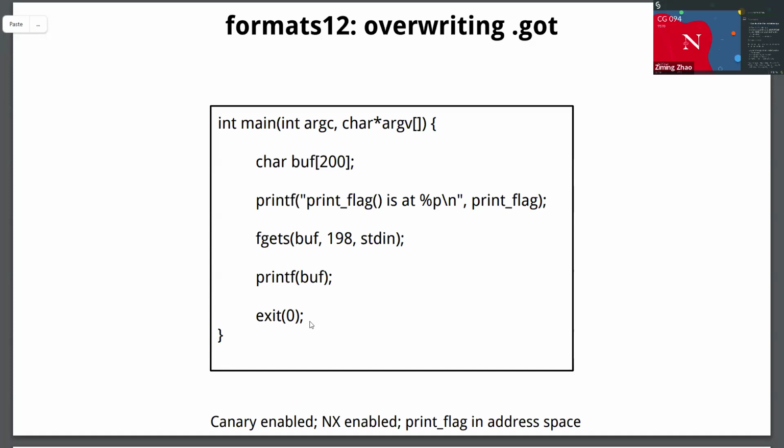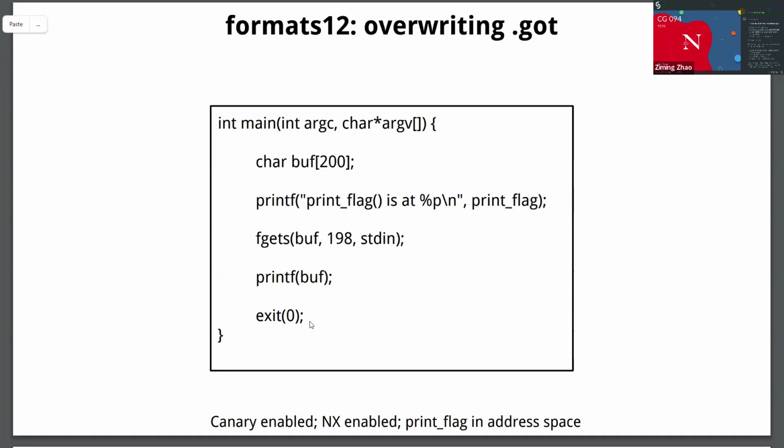Change the exit function in the global offset table. Okay, yeah. So, did you guys get that? Exit is a C library function. Its address will be stored in the global offset table, right?